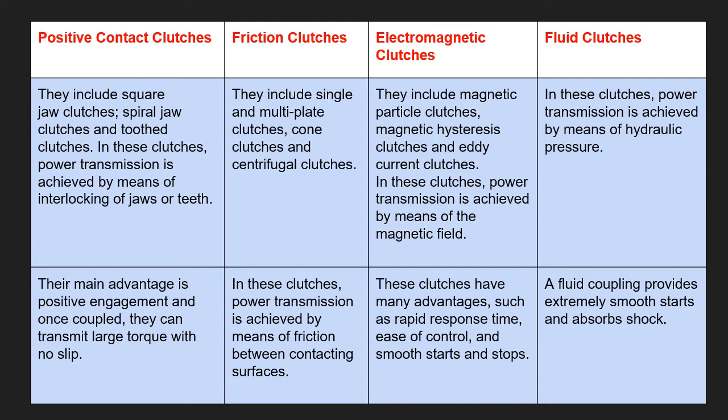And again, one of the main advantages of fluid clutch is that it provides for an extremely smooth operation, and because of the use of fluid, it will function as a shock absorber also, right? So this is a comparison between all four categories of clutches. Now we move on to the next slide.